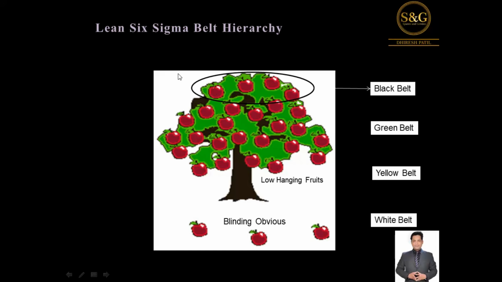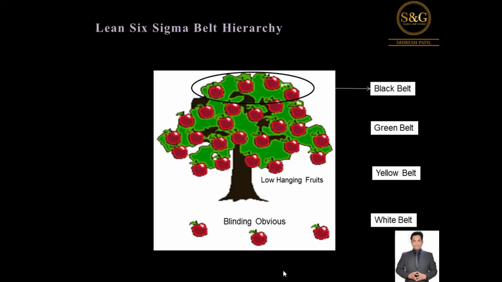Projects which are chronic in nature, projects which run across various departments of the organization are typical projects of a black belt. Now, black belt training goes for 8 to 10 full working days, and the project timeline is somewhere between 4 months to 6 months because of the complexity of the nature of the project.